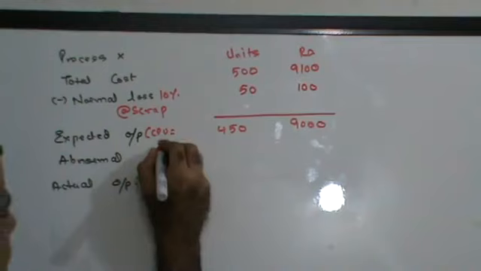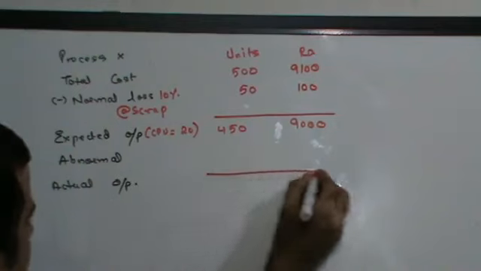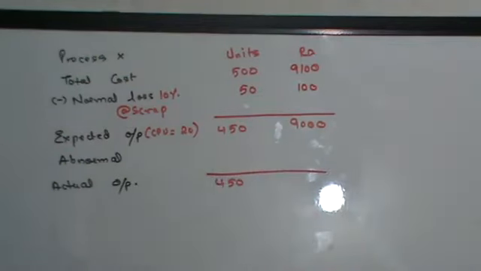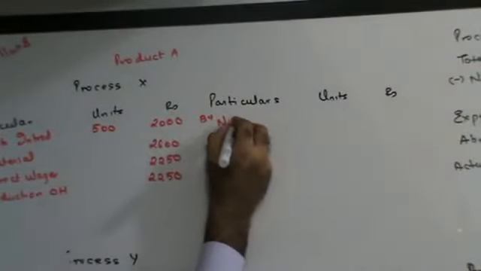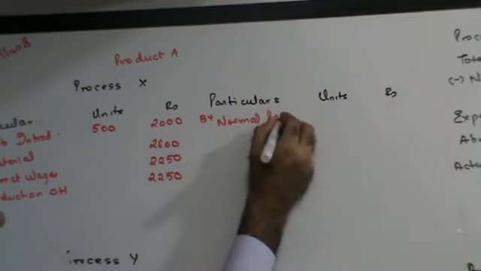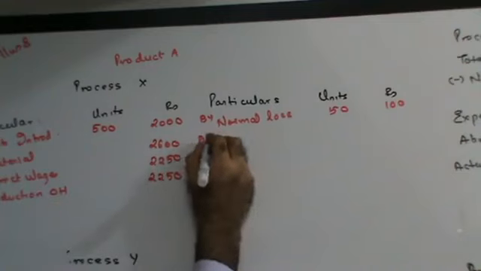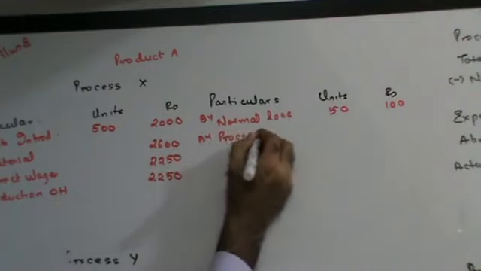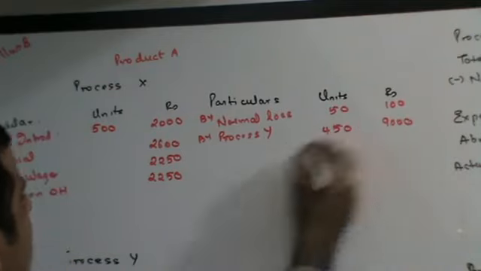CPU is going to be nothing but 20. Fine. Now the actual output is given to you as 450. Since the actual output and expected output is same, you bring the figure down here as it is, 9000, right? So this is going to be by normal loss 50 and 100, by process Y is going to be 450 and 9000.